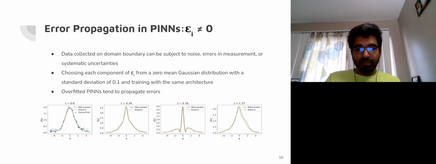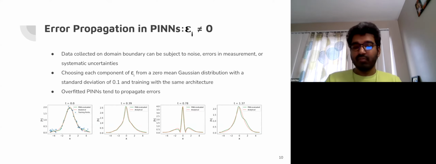You can see the training points are not exactly on the analytical solution, but they're slightly corrupted. And if you follow the green curve there, you can see that the PINN evaluated function tries to overfit at certain locations, and eventually this overfitting gets carried over into the later time slices, and you can see a distortion of the line shape of the field as you go ahead in time.